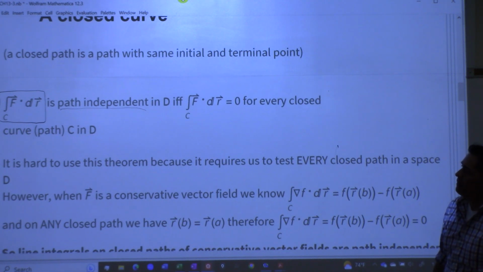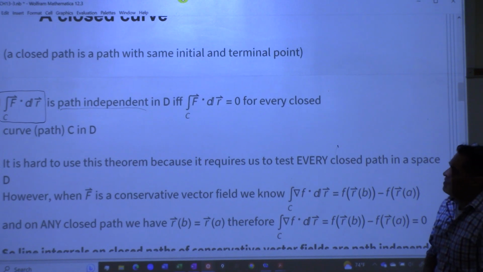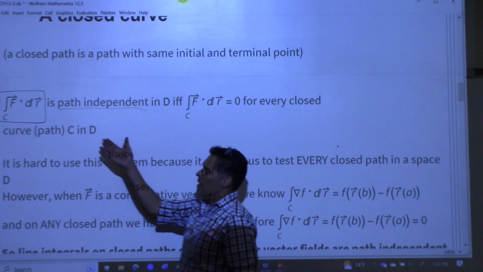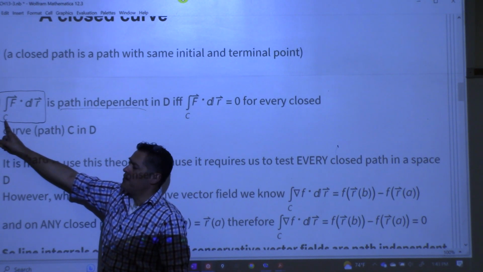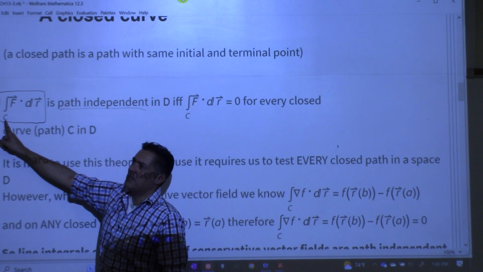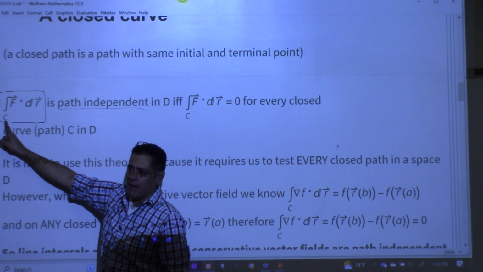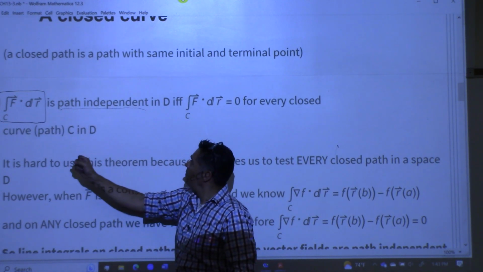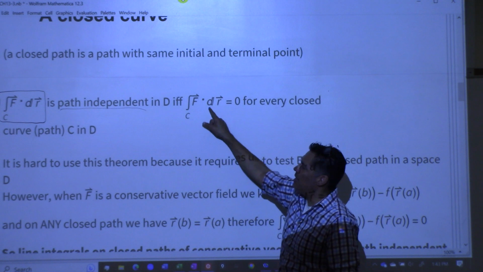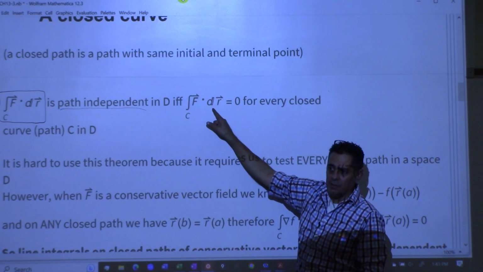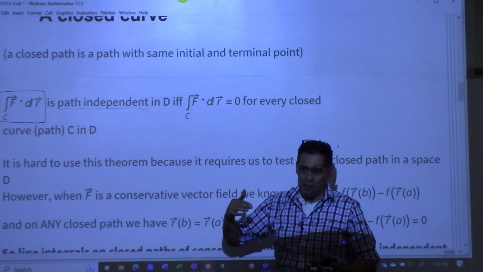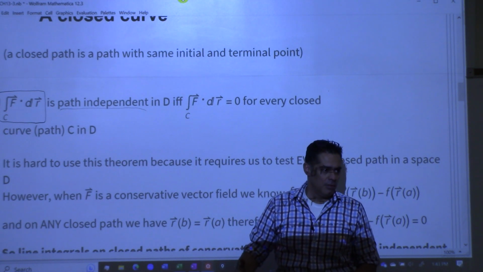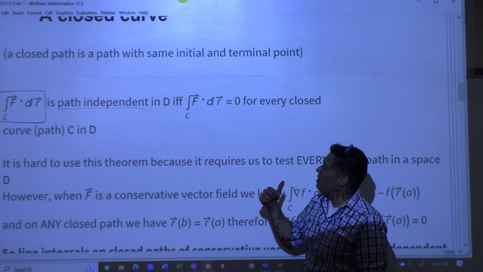Okay. So this theorem says that if you're looking at the work over some curve C, then it's not going to matter what path you take at all. It's path independent. But that will only happen if the work is going to come out to be 0 in the end. So the only way to be path independent is if you can guarantee that the work's going to be 0. You can also read this theorem the other way around.